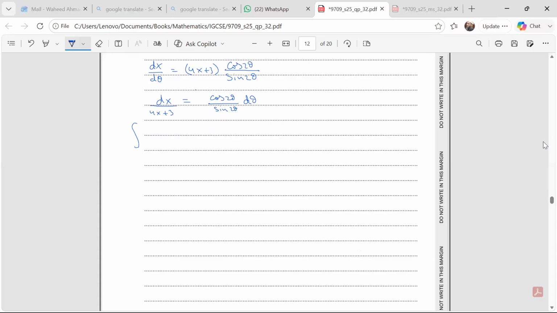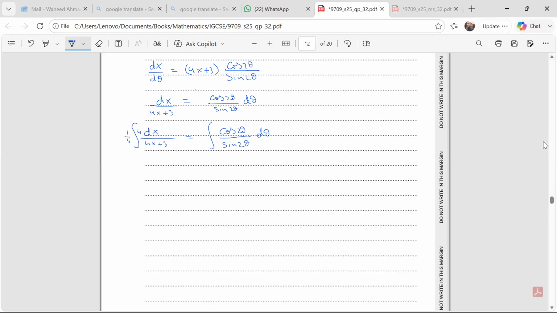The integral of dx over (4x plus 3) equals the integral of cos 2 theta over sine 2 theta d theta. What is the derivative of 4x plus 3? It is 4, so I put a 4 here and divide by 4.